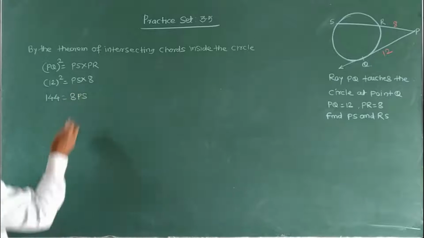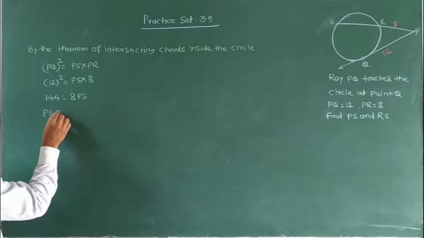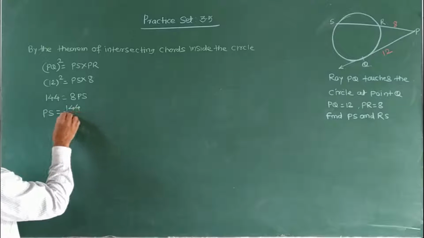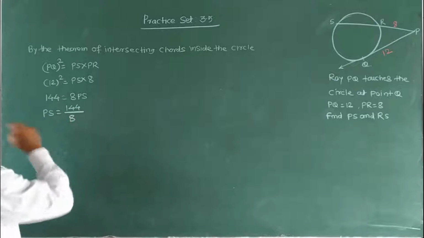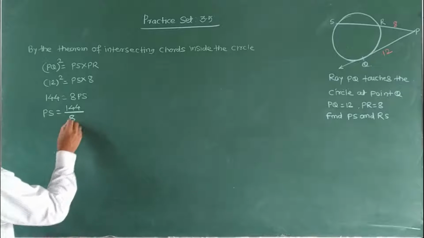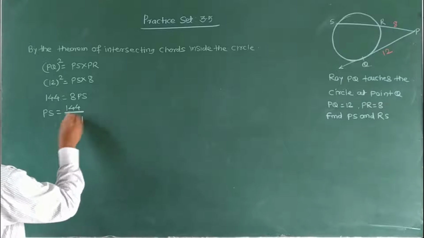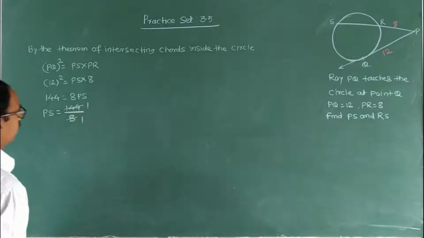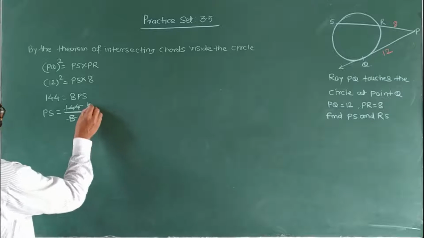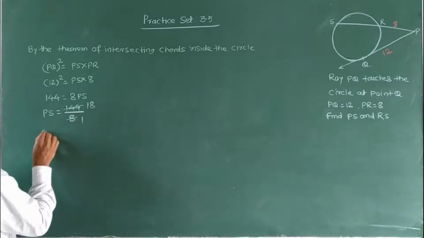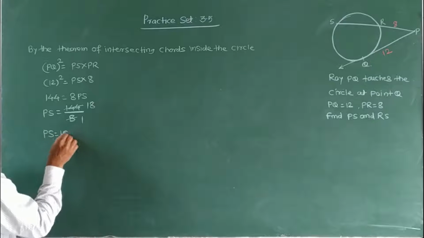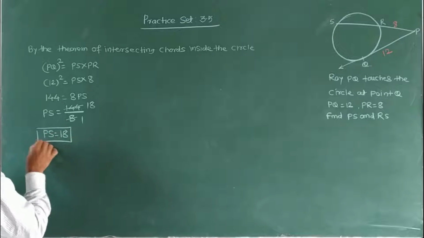And so the value of PS will be equal to 144 divided by 8. 8 1s are 8, 8 1s are 8, then 8 8s are 64. So here we have PS equal to 18. So this is our first answer.